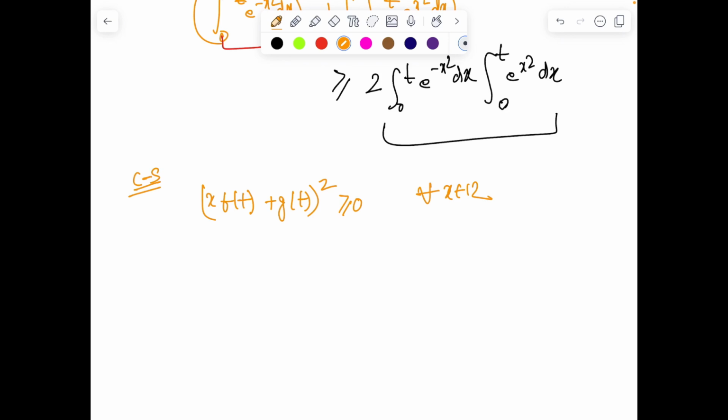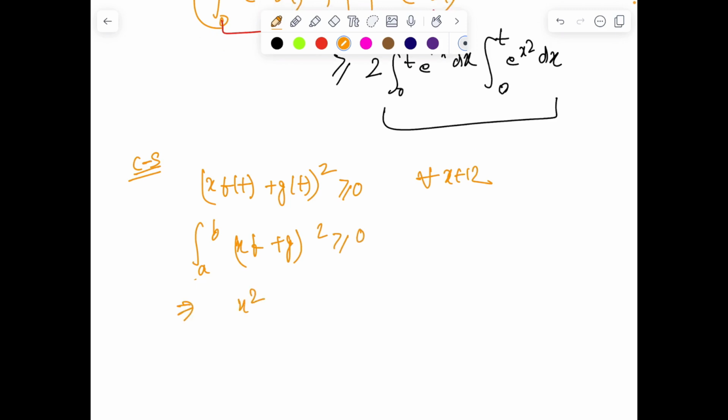So let's say if I integrate from a to b (xf + g) whole square. It will be greater than or equal to the integral from a to b of 0 dx, which is just 0.